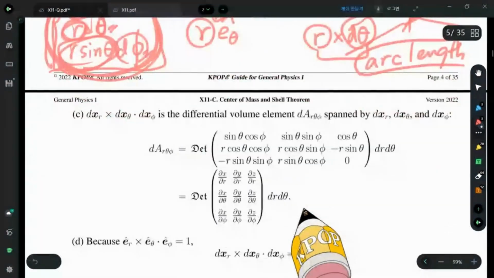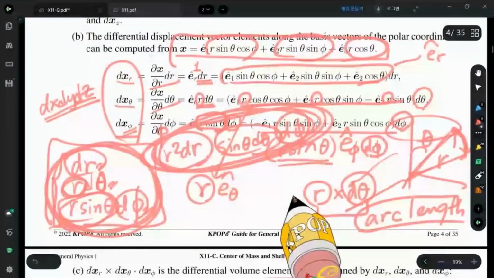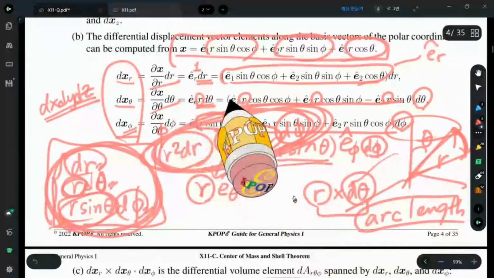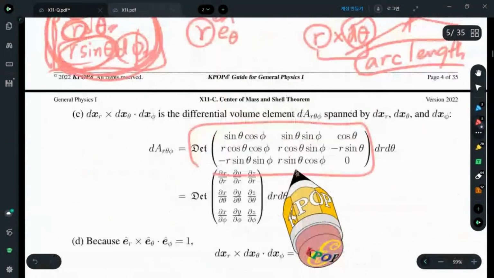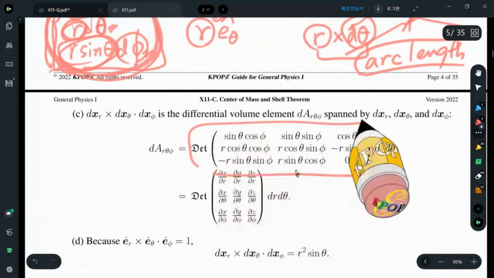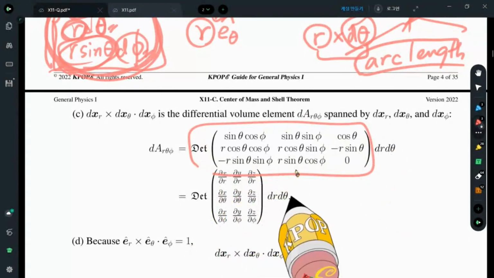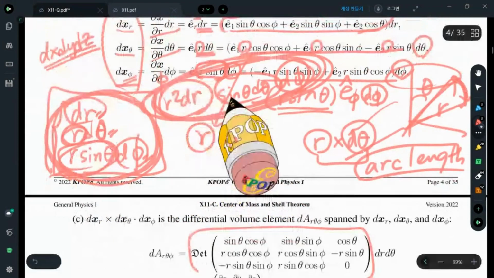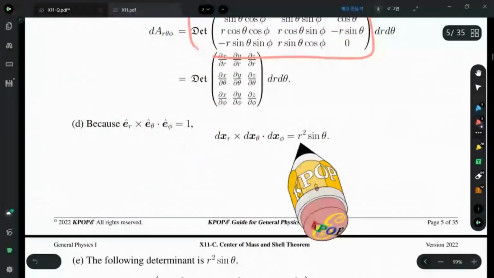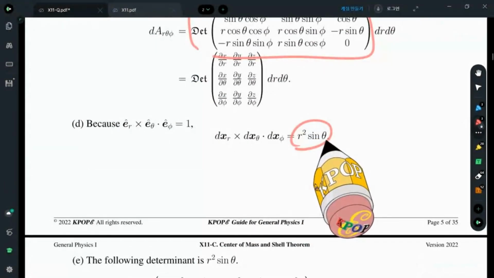That's quite important. Again, we can do the same job to compute this triple scalar product, but we know the answer already. This is a little bit complicated mathematics, but we know the answer. We know the structure, but we don't have to compute this because we know the answer. So the Jacobian in here is r squared sine theta.